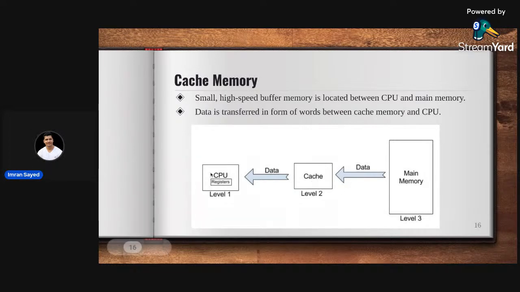Whenever a new program comes, the part of it which is currently being used is kept in the main memory. However, if there are certain instructions or parts of the program which are not going to be used now but will be used in the future, that part is kept inside the cache so that it can be immediately accessed by the CPU.